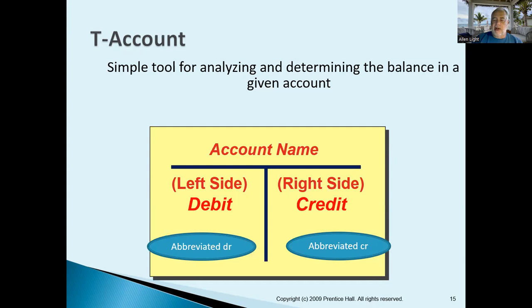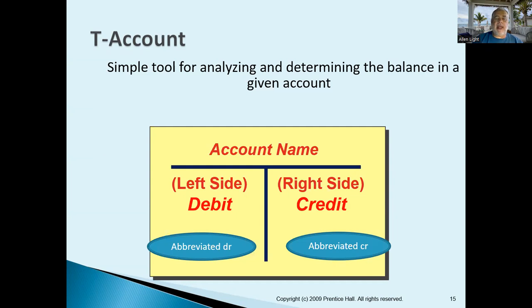Now, the account category determines how to record the increases or the decreases. Something that's important to know is that a debit or a credit can be either a plus or a minus. This is one of the things that I was talking about with bankers.